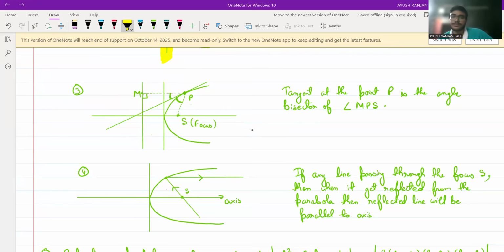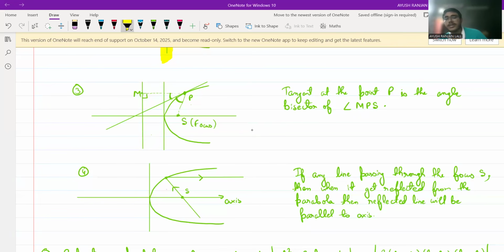For parabola, there is a tangent we have drawn, and we have seen PS by PM equals e, with e equal to 1 for parabola, and the tangent bisects the angle MPS. Just know about this.